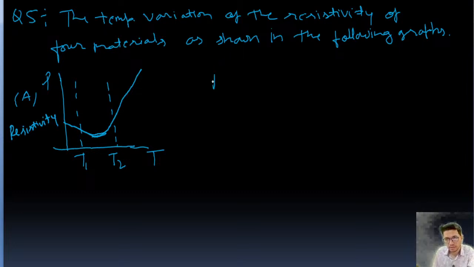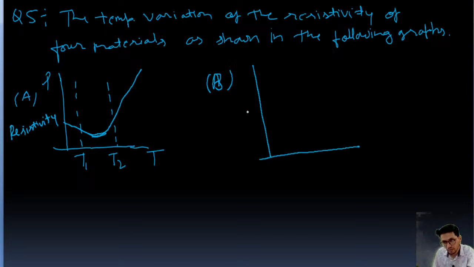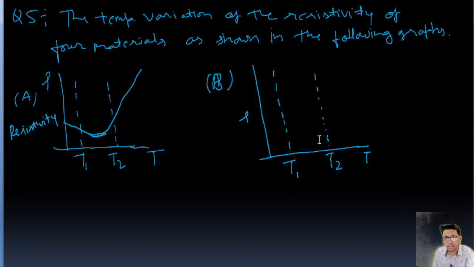Next is option B. Resistivity and temperature. This is temperature T1 and this is temperature T2, and the graph is almost constant, like this.